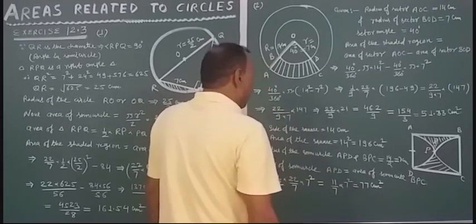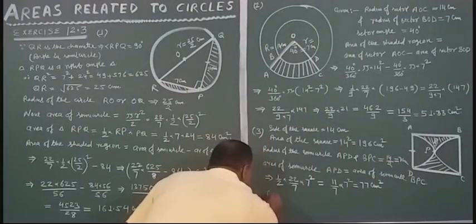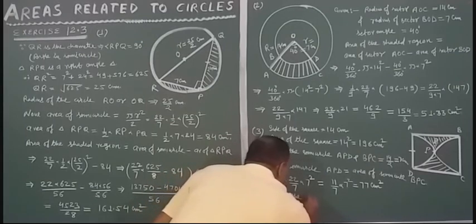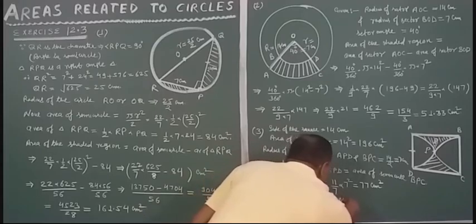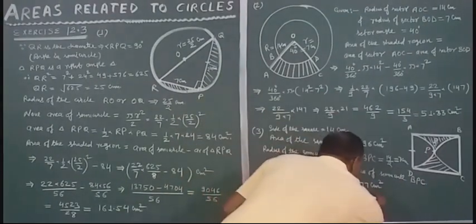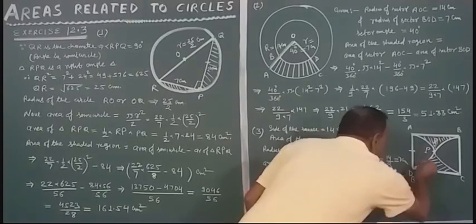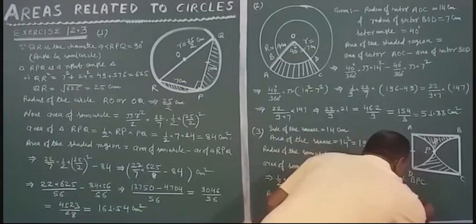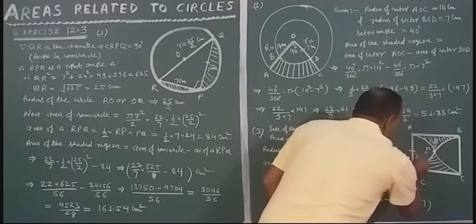Now area of the shaded region. This will be this complete area, how much? 196 minus this area, how much? 77 and plus, both the areas are equal to how much? 77.